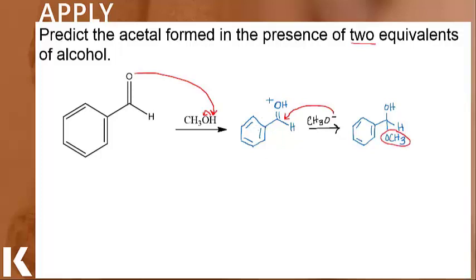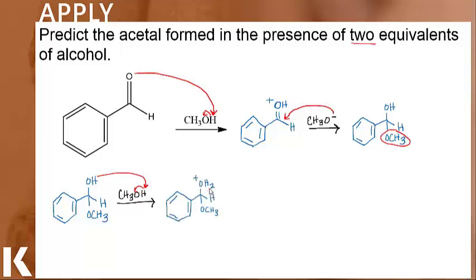This has two equivalents of alcohol, so we need to go to our second equivalent of alcohol. I'm going to start with my hemiacetal, and I'm going to have my second equivalent here. In the second equivalent, my hydroxyl group is going to come down and grab onto the hydrogen on the alcohol, allowing it to release from the alcohol.